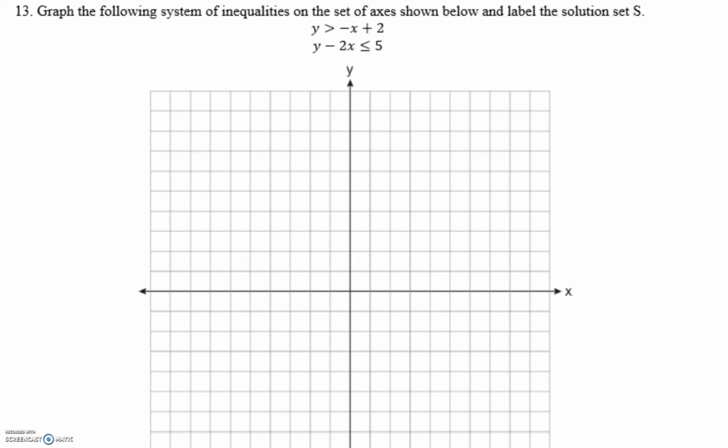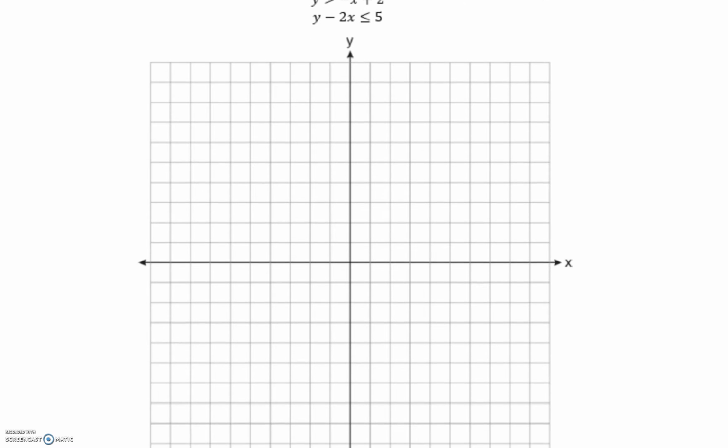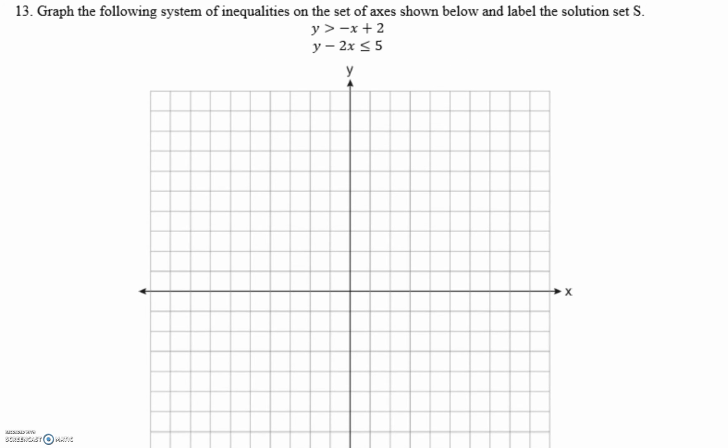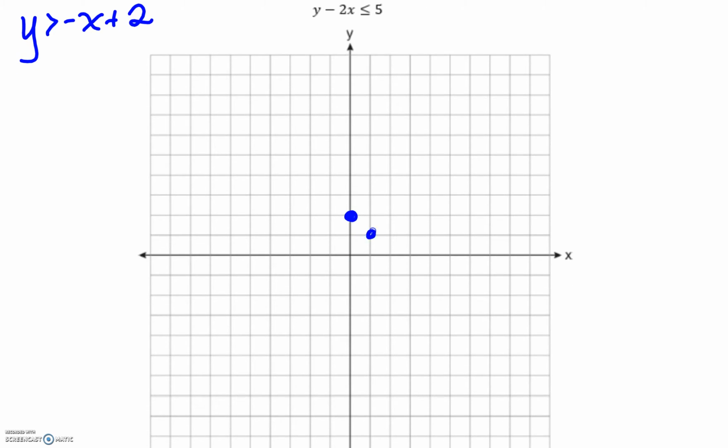For number 13, we need to graph the following system of inequalities and then label it with an S in the solution set. So I need to make sure that my inequalities are in slope-intercept form. This first one, I'm going to start at 2, and then I'm going down 1, right 1.